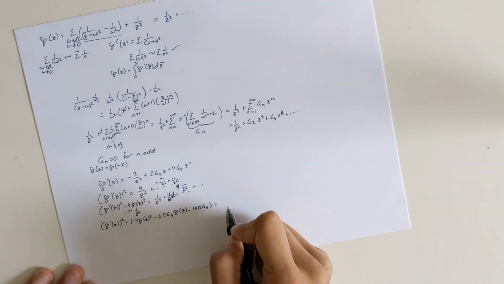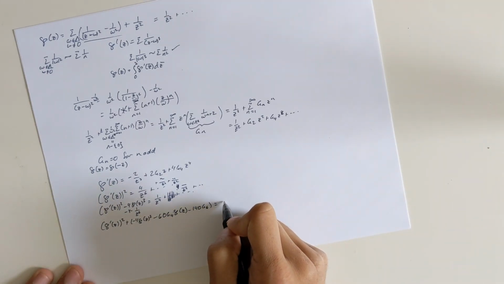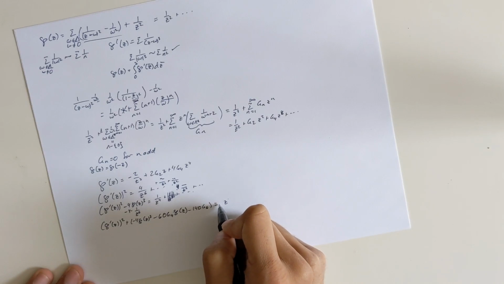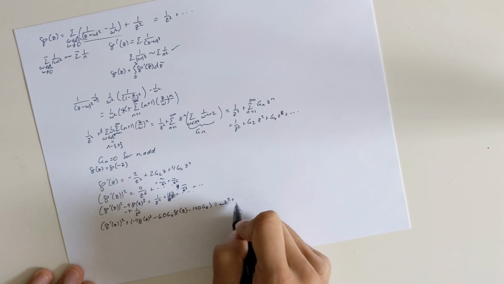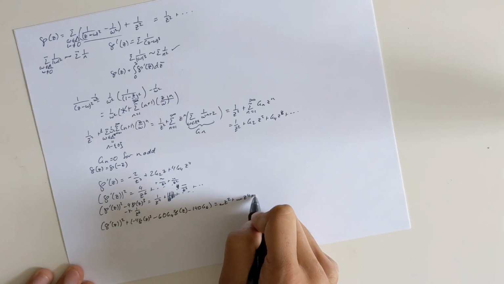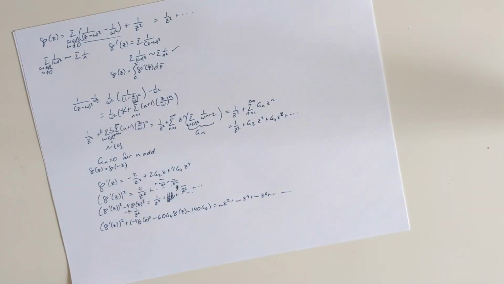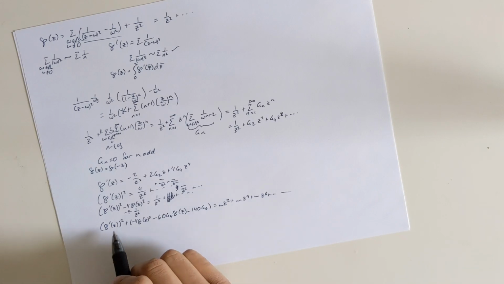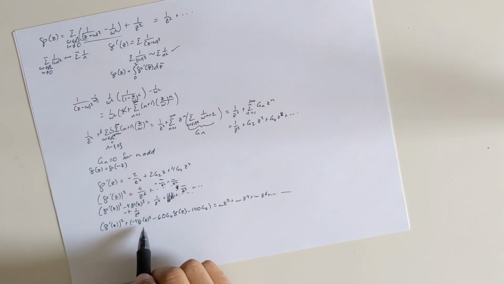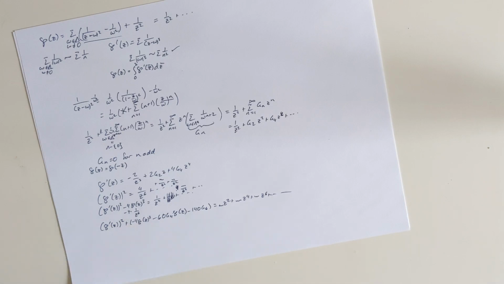Then what this will be is some power series which starts off at something z squared plus something z to the fourth plus something z to the sixth, and so on and so forth. However, the main idea is that you take the square of this and then you cancel out poles by adding on multiples of p of z.